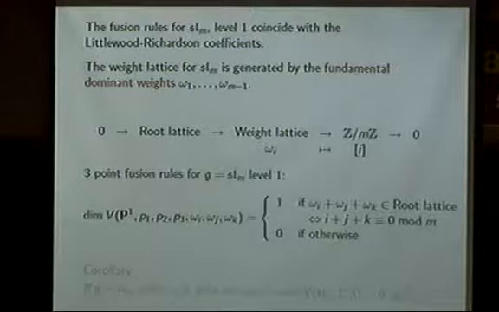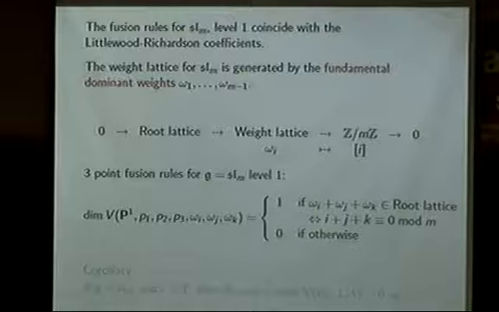And so here are the 3-point fusion rules for SLm level 1. If I have 3 points on P1 with weights omega i, omega j, and omega k, I'll get a 1-dimensional conformal block if the sum of my 3 weights is in the root lattice, corresponding to the fact that i plus j plus k should be congruent to 0 mod m. And I'll get a 0-dimensional conformal block otherwise.